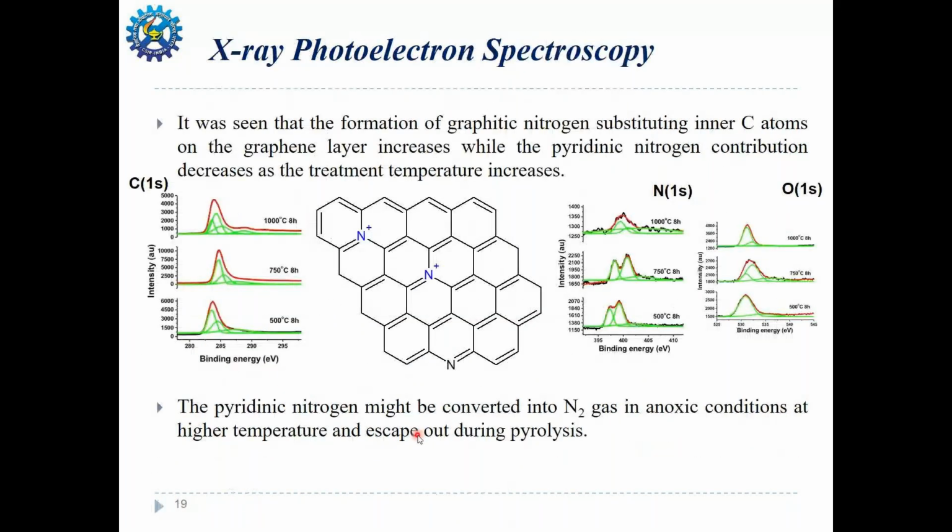The XPS data shows the C, N, and oxygen peaks, and you see that nitrogen is substituting into the inner carbon layers. The pyridinic nitrogen on the edge decreases as the temperature increases, and you have predominantly the inner graphitic nitrogen at the higher temperature, which is very important for certain electrical properties of these materials.